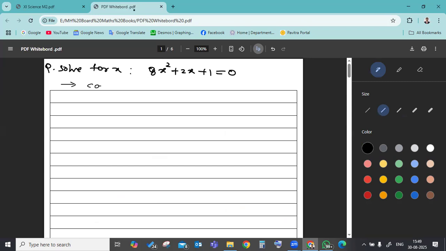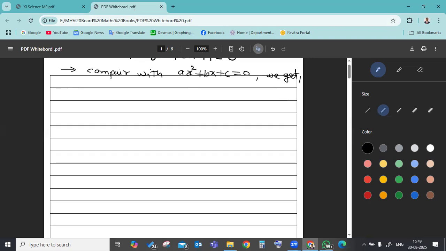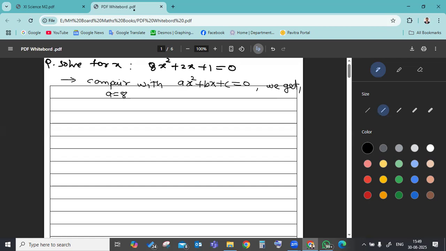Compare this equation with ax square plus bx plus c equals 0. With this comparison, we get a equals 8, b equals 2, c equals 1.